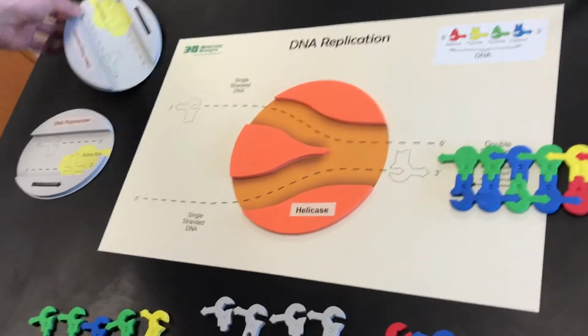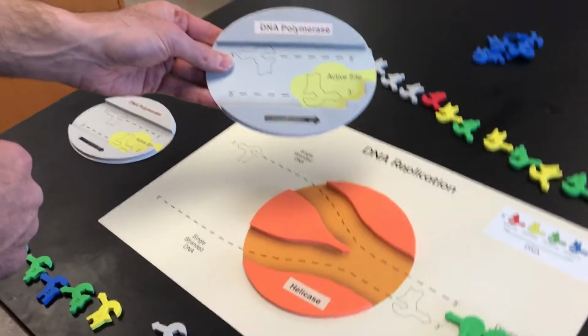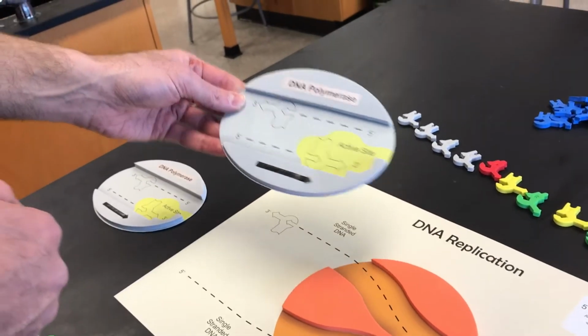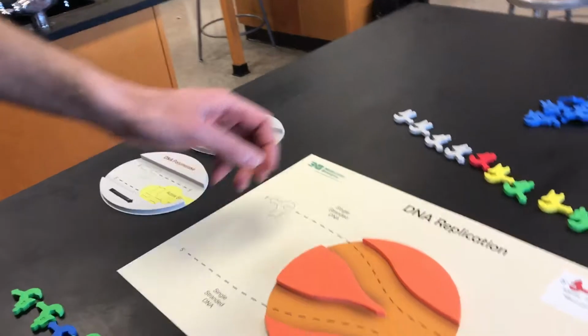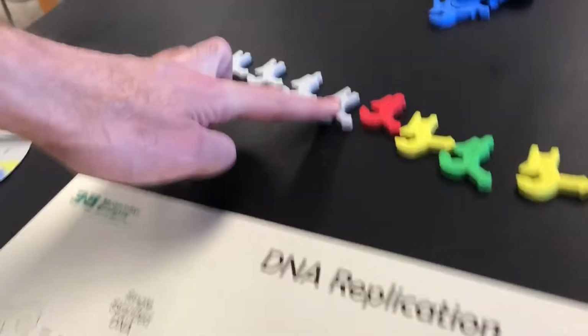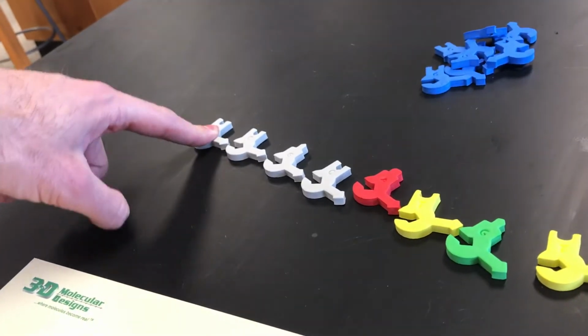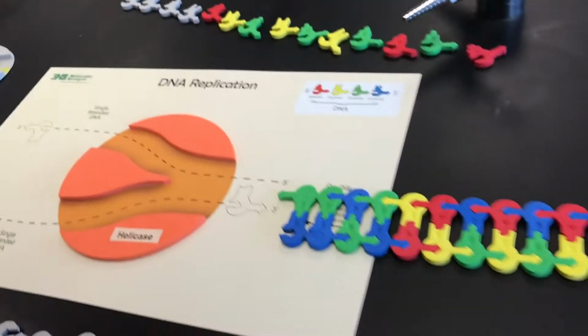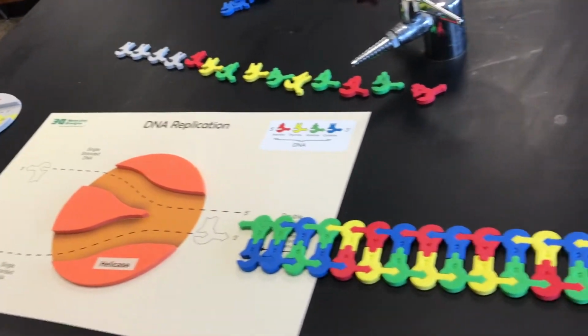You're also going to need two of these guys. These represent the enzyme DNA polymerase. And finally, you will need a handful of these gray pieces, and these are going to represent RNA nucleotides. You can just pull out a few of each of those.